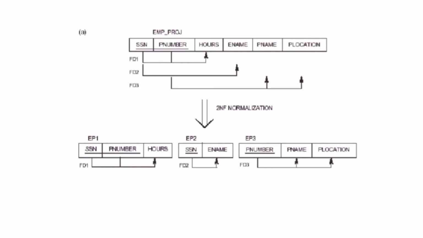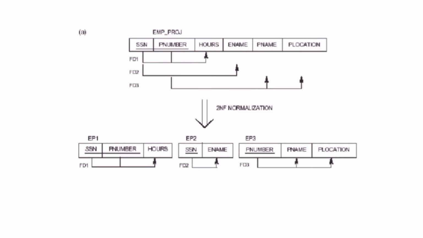Getting my point, guys? If you have any doubts, please post them in the comment section. If SSN is there, I can identify the employee name; if SSN is not there, I can't. So employee name is fully dependent on the attribute SSN. That is functional dependency. Hope you are understanding.